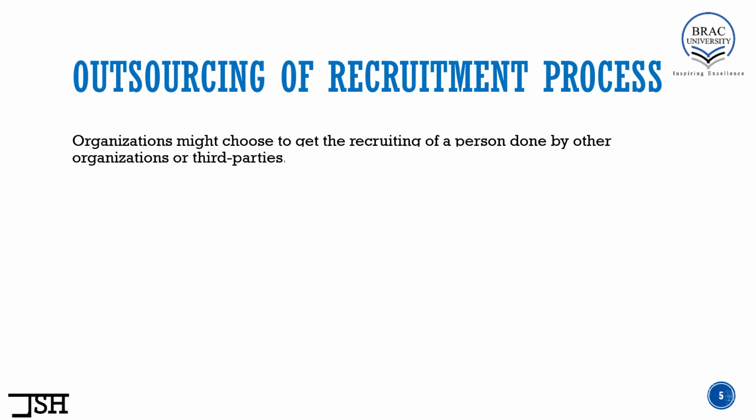Instead of recruiting on their own, the organization is getting the recruitment task done by some other organization or third party. We are outsourcing the task of recruitment. So rather than doing the recruitment task on your own, if a company asks another company to do the recruitment task for them, then it is called outsourcing of the recruitment process. Don't get confused, it's very easy to understand.